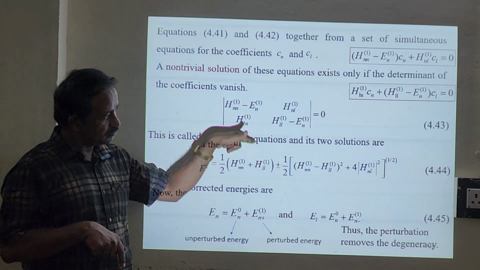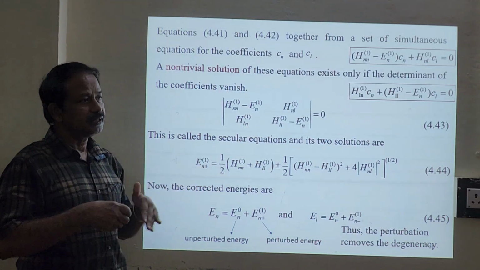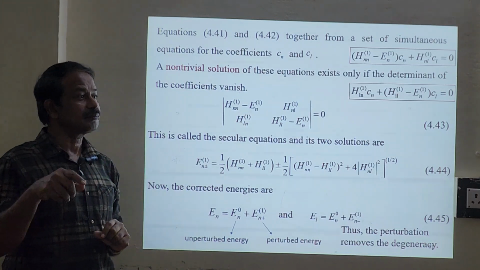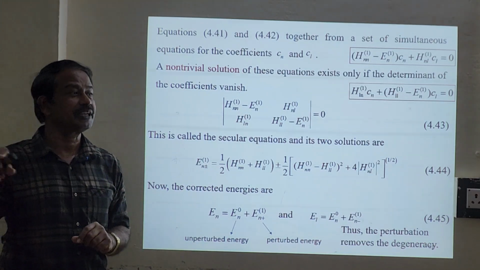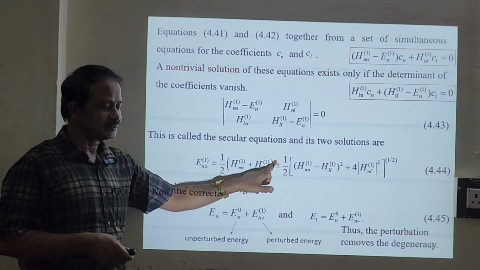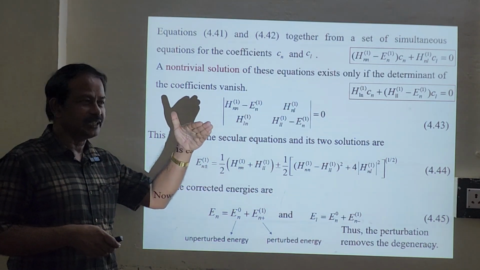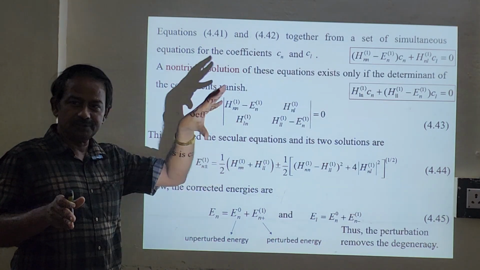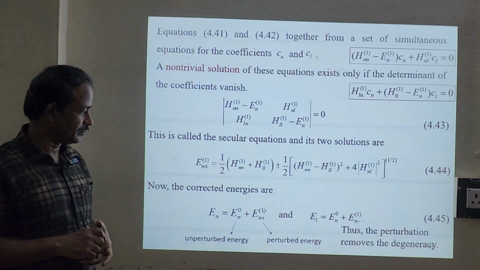We are going to simplify this one in the problem, so at that time you will come to know. We have used minus b plus or minus root of b squared minus 4ac divided by 2a. Plus stands for one energy, minus stands for another energy. We have separated the energies, one for plus, another for minus.